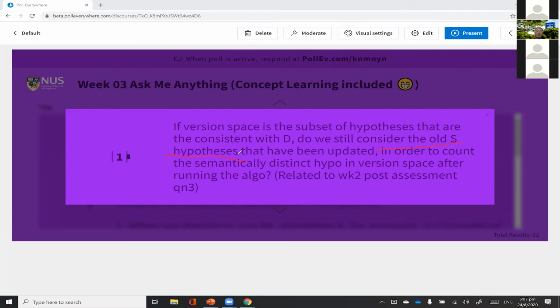Another, which you saw in the earlier slides, is how many hypotheses can be represented, how many different concepts can be represented by this particular learner. When we were looking at the null and the don't care and trying to count all the semantically and syntactically distinct hypotheses, that was a separate question.